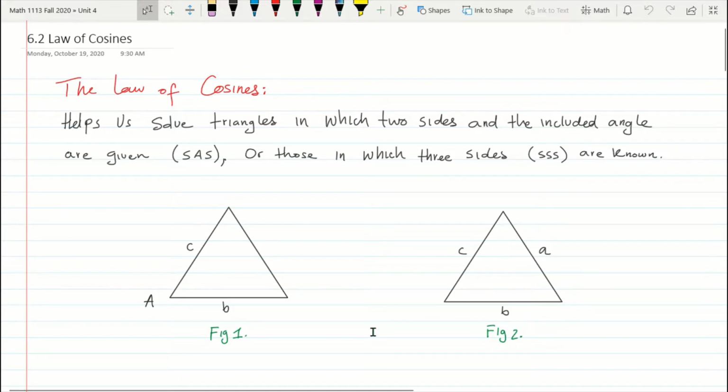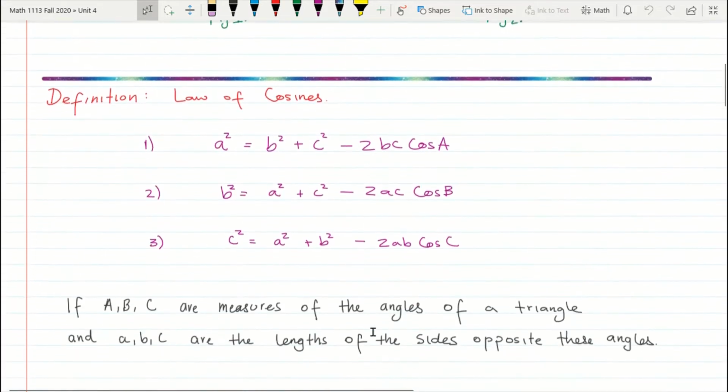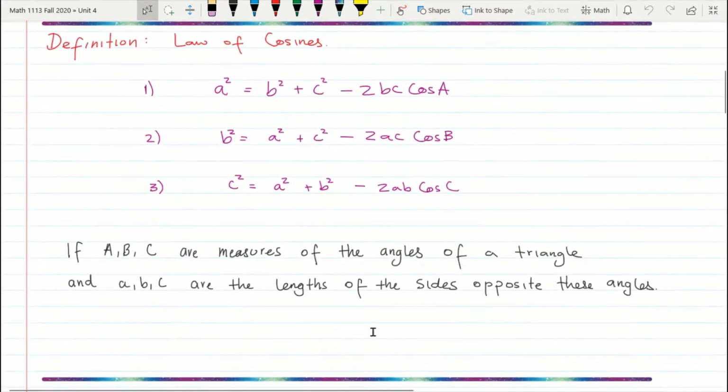Okay, so here are the definitions for the formulas.